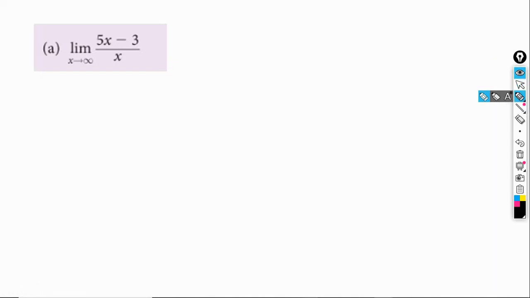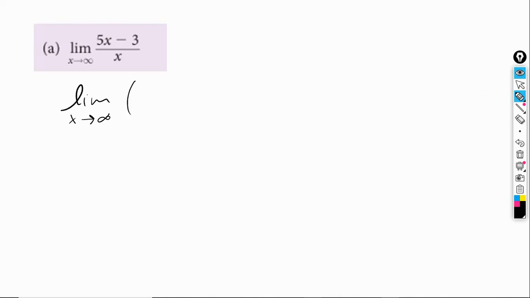So what is the limit as x tends to infinity of (5x minus 3) over x? Now, one of the things that we want to do with these limits is rearrange them, and this one's pretty easy to rearrange. Normally, you have to be careful with using the notation, so don't forget to write limit as x approaches infinity.